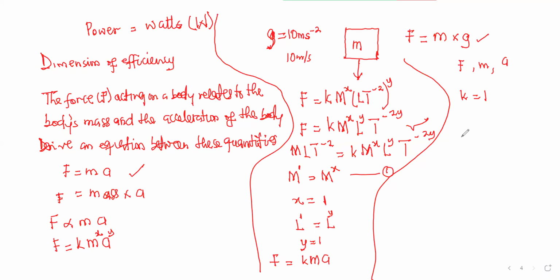So have you determined the value of K? Sir, I don't understand. I said when you substitute the base unit of F, M, and A. Okay, let's do it. So we have F is equal to K M A. What is the base unit of force? Nora, what's the base unit of force?